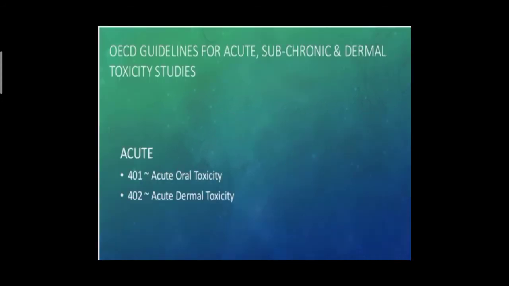So I told that based upon the OECD test guidelines, we have to do the procedures in the preclinical studies. By seeing the headlines, you can check the guidelines. So acute toxicity studies: 401, acute oral toxicity; 402, acute dermal toxicity.